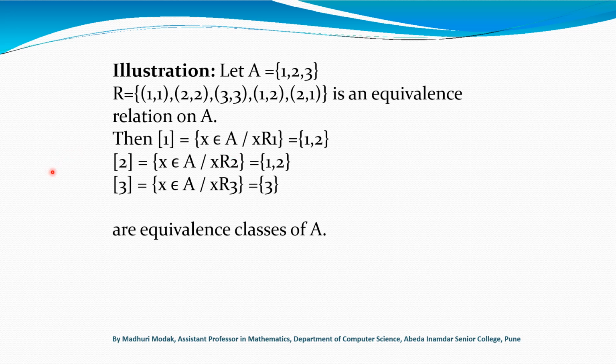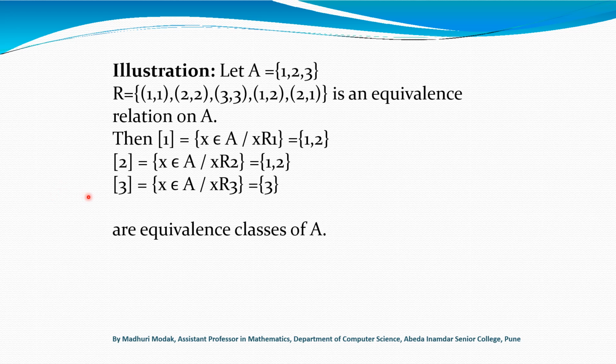Similarly, what is the equivalence class of 2? By definition, it contains x in A such that x is related to 2. So here 2 is related to 2 and 1 is related to 2. So again 1 and 2 are members of the equivalence class of 2. Now the equivalence class of 3.